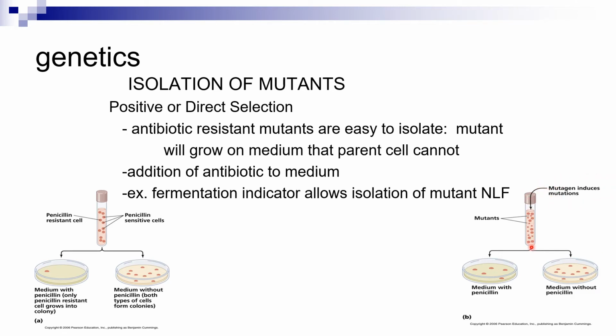So now we've got mutants here, and more of them would be able to grow on the medium with penicillin, as well as the medium without penicillin. And remember that the wild type would be what we start with.